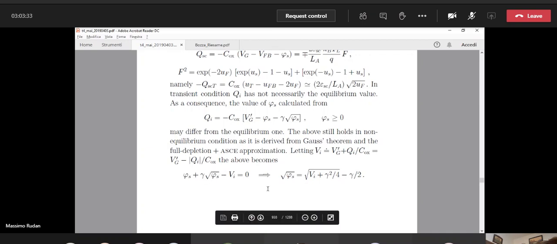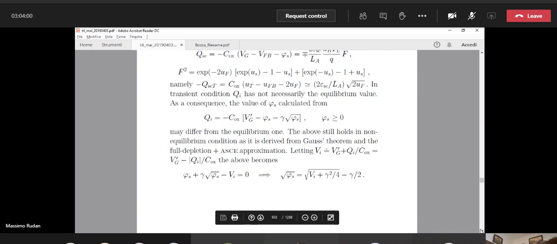So you find phi s as a function of the existing charge in the inversion layer. As I said before, we are applying a pulse. At the instant of the pulse, Qi is 0.